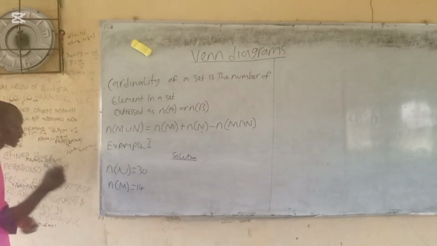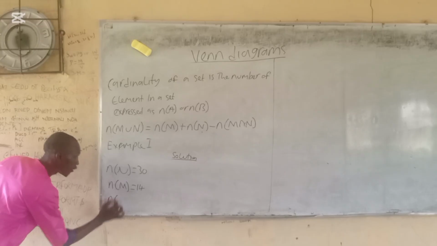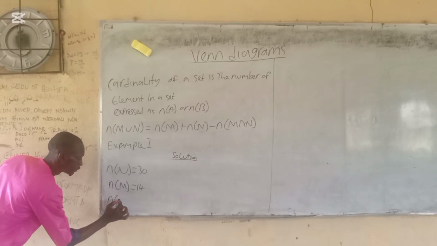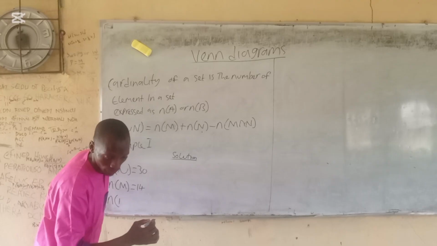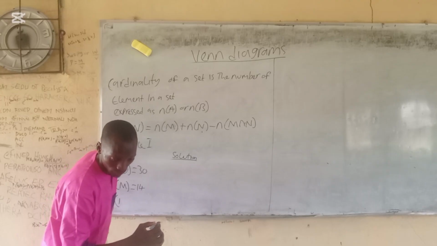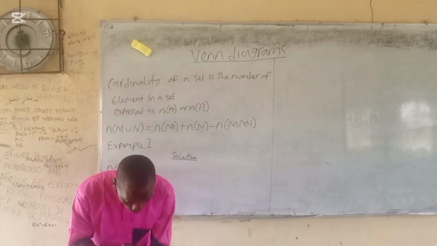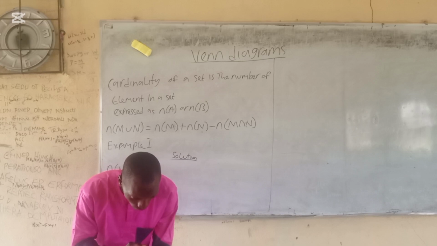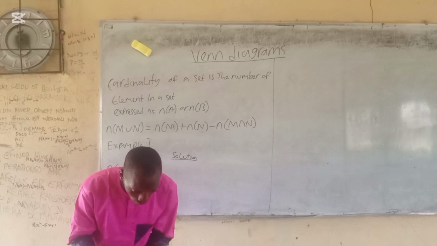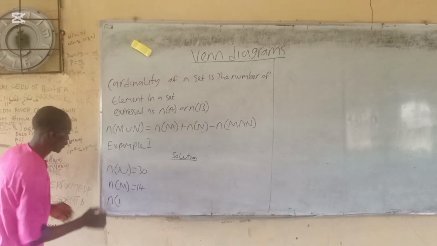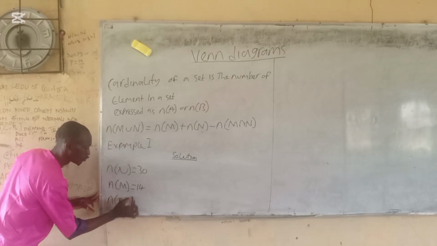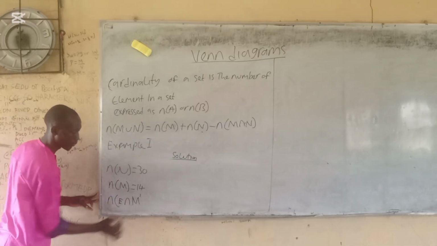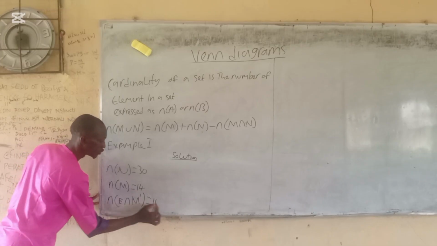Now that set is written as the number of economics intersect mathematics prime is equal to what?